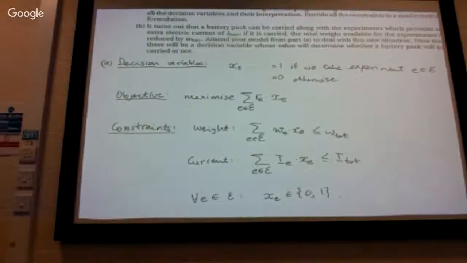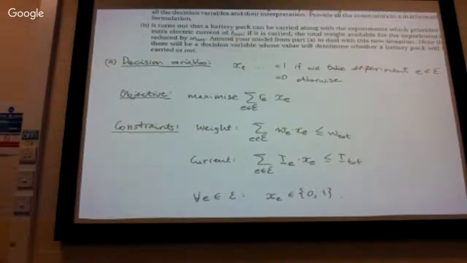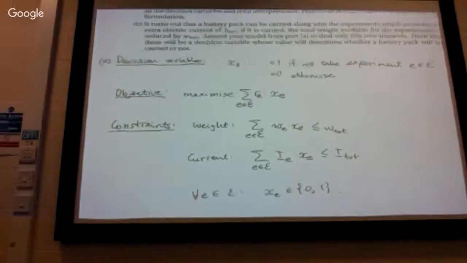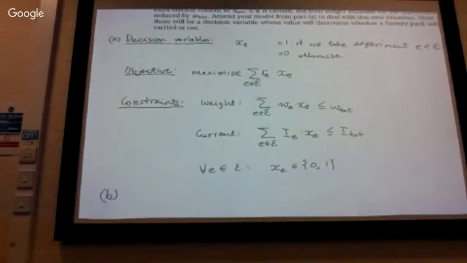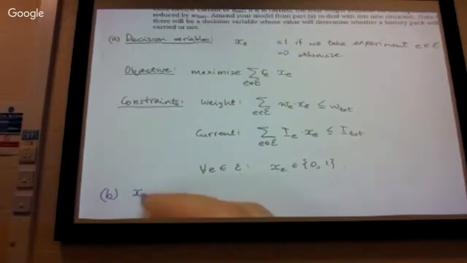So that's part A. Any questions or objections? Comments? Improvements? No? Okay. How about part B? New decision variable Y. X_E as before.